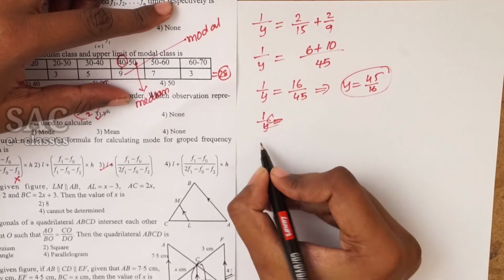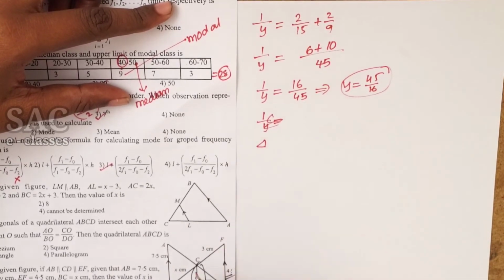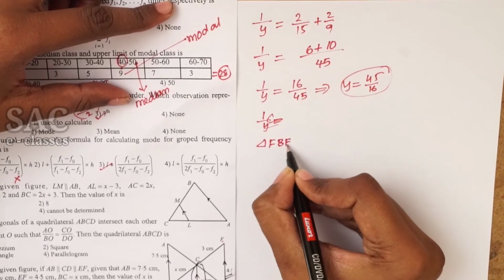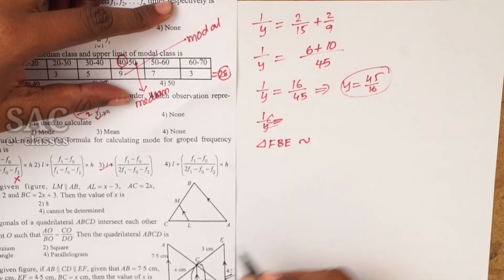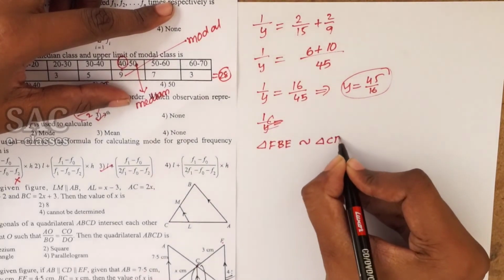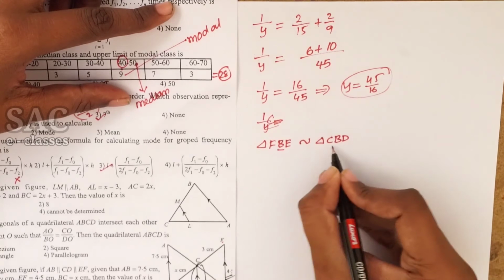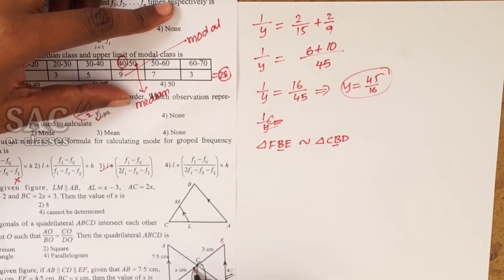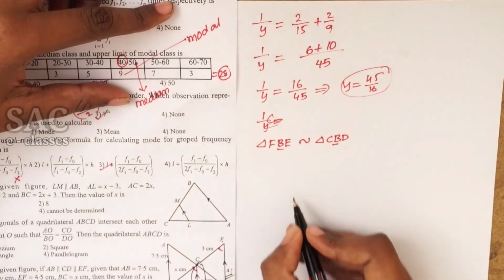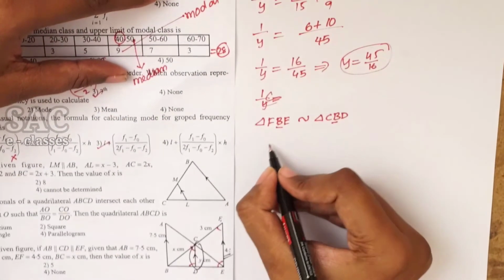For that, let me take the triangle FBE. FBE is similar to CBD. You know that B is the common angle. It is parallel, which means these are definitely corresponding to each other. So go for the CPST.